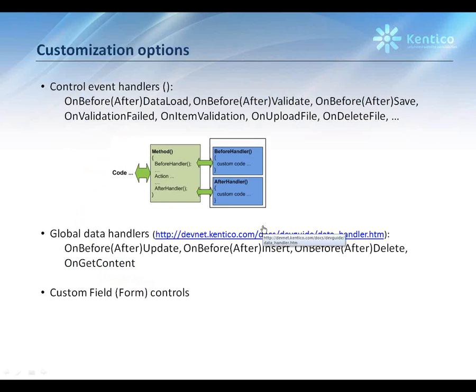Okay, I think the last thing I've already covered, the customization options. So you can imagine that we have some kind of a method within our system where we call some before handler or after handler, and with these customization options, with the control event handlers, you can modify the behavior of standard controls in such a way that you can add your custom behavior when the handler is called. So for example, we've got the on before save event handler.